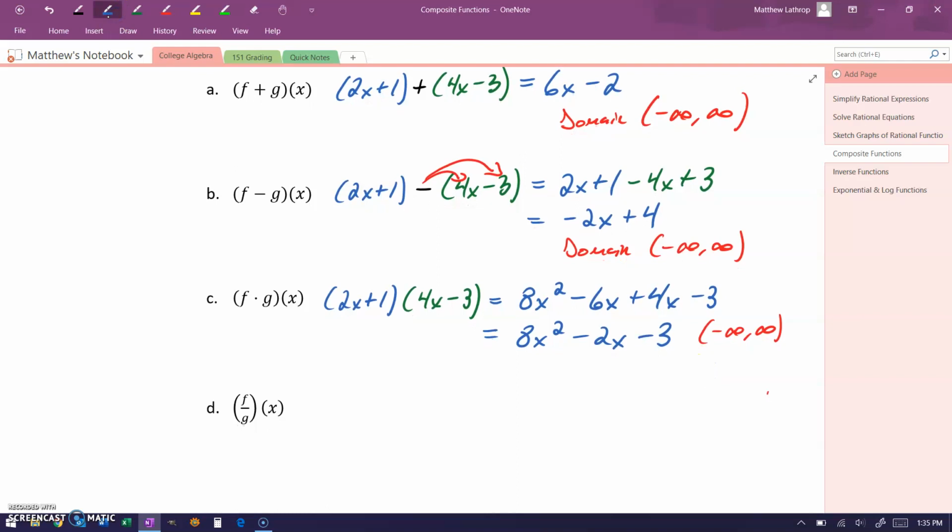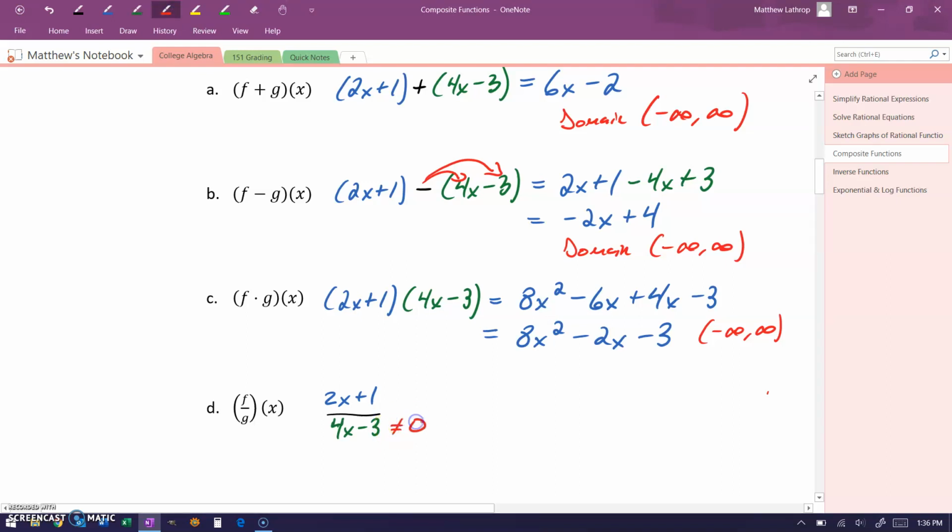In part D, we're taking the quotient of these two functions, meaning we would want to take 2x plus 1 divided by 4x minus 3, and then see if there's anything to simplify, expand out, or combine. In this case, there's no additional work we can do there, so this is our final answer. But now we do have a domain restriction.